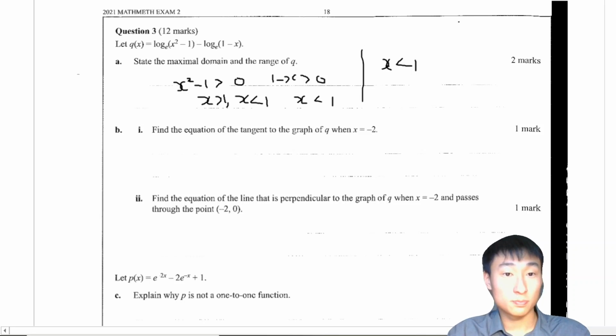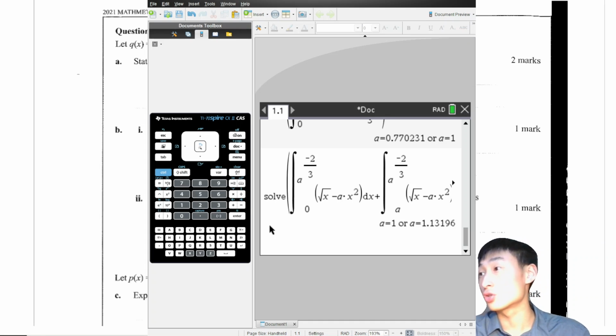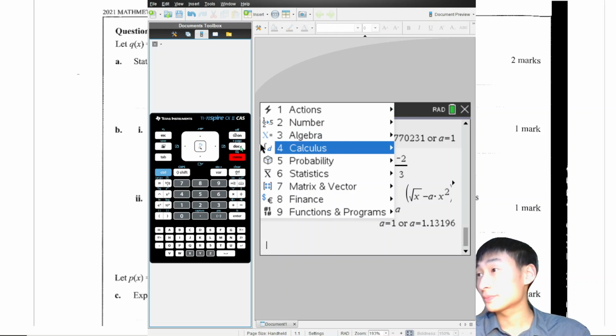I think there should be an asymptote somewhere. I'm going to graph this to be sure, because I'm actually not sure.